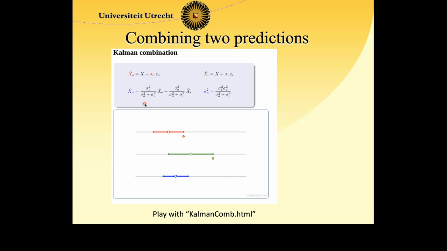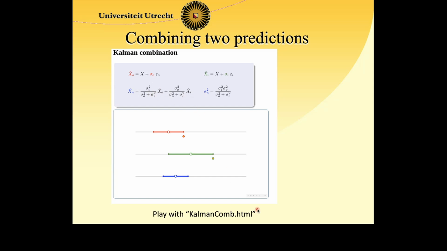Also the other way around, if the variance of x0 is infinitely large, then we get again that the optimal prediction is entirely equal to the a priori prediction xI. And of course, if the variances are equally large, you can see that they get half the weight, so it's an exactly unweighted average of the two.